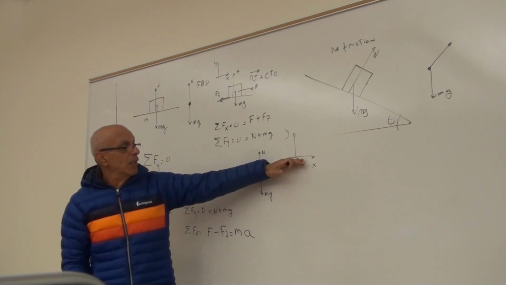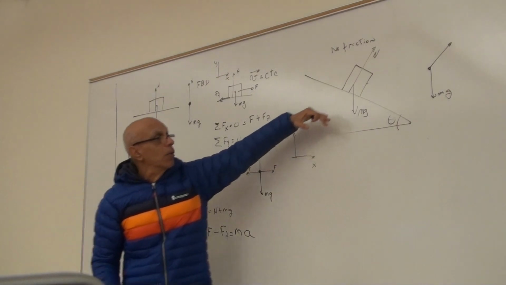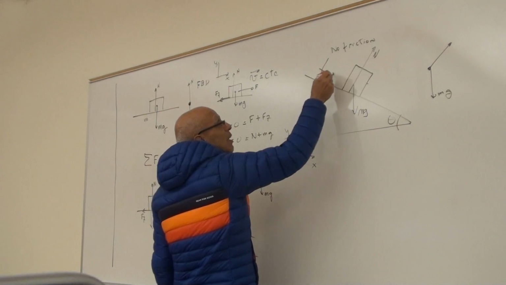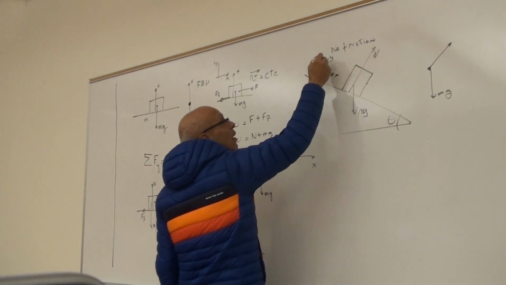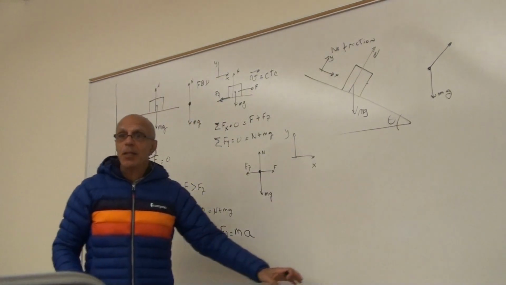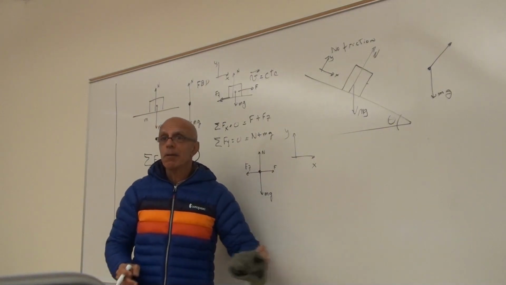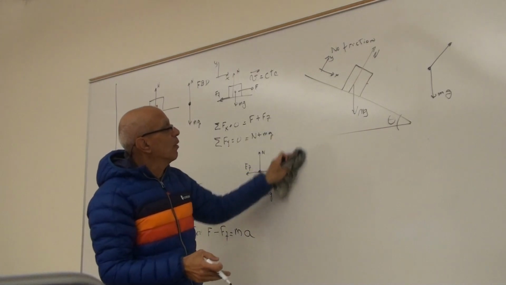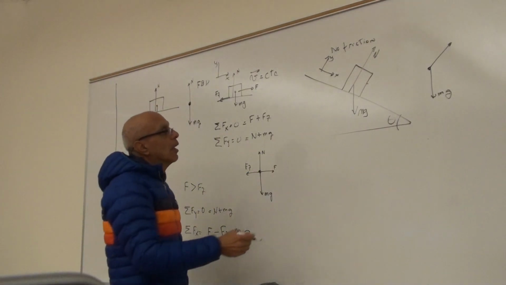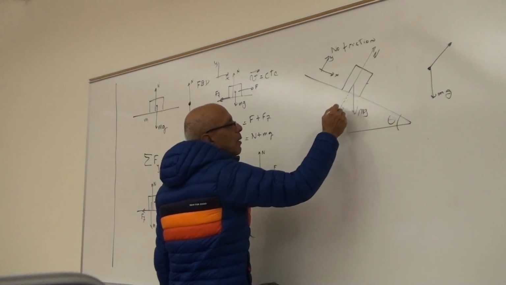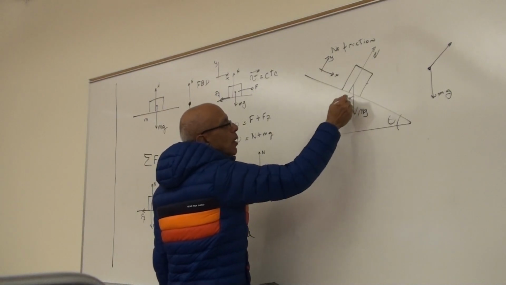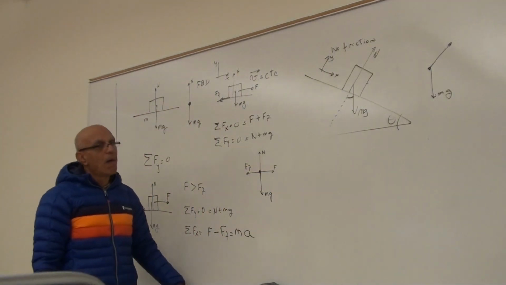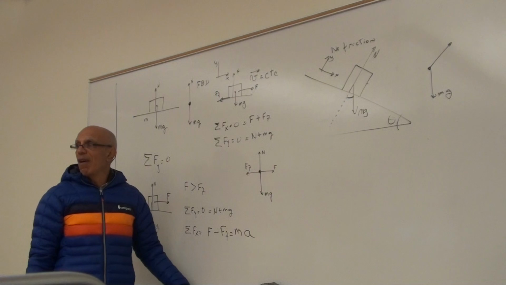I can make x parallel to the incline. I just make my x this way and my y that way. You allow me to do that? It's going to be easier, right? So when I have that, if I extend this a little bit, what is this angle here? Can anybody tell me what is this angle? The theta, you say no?